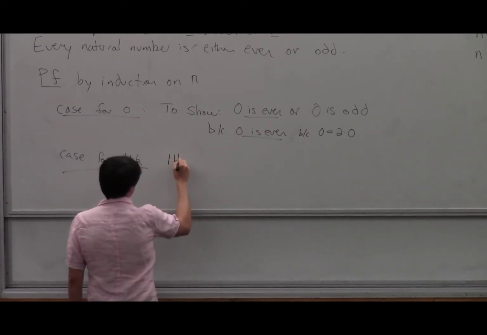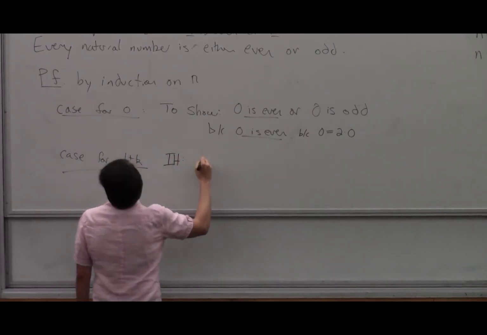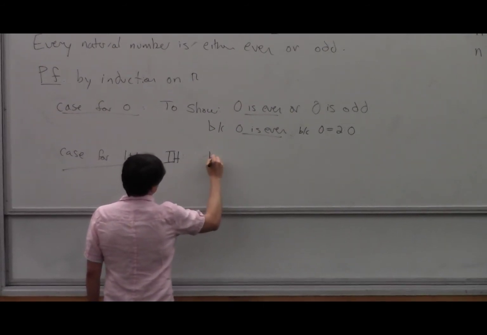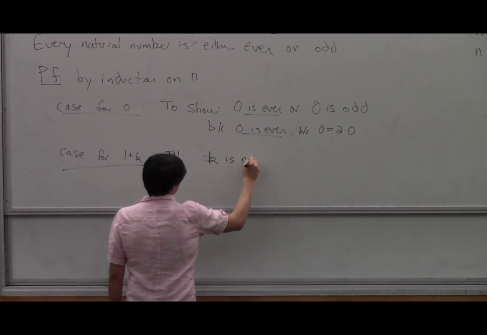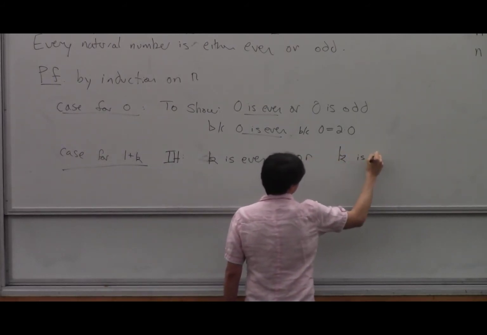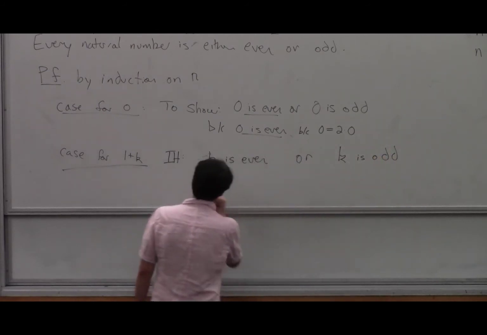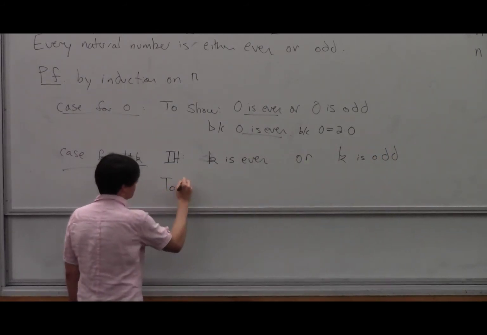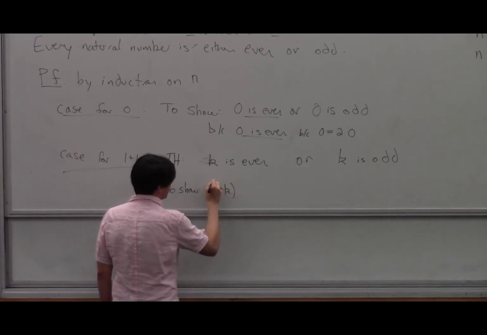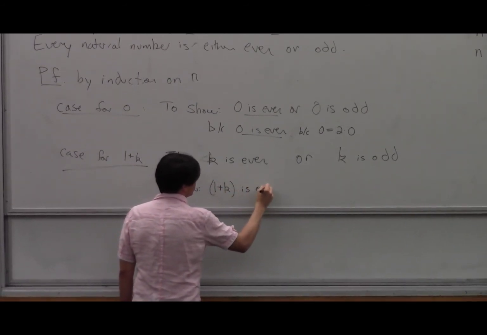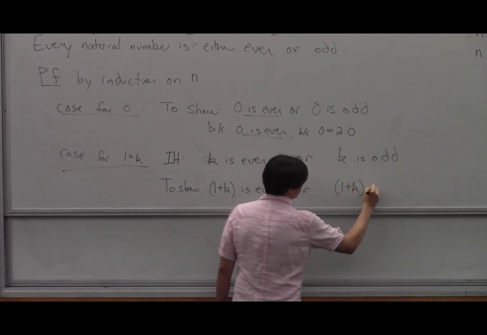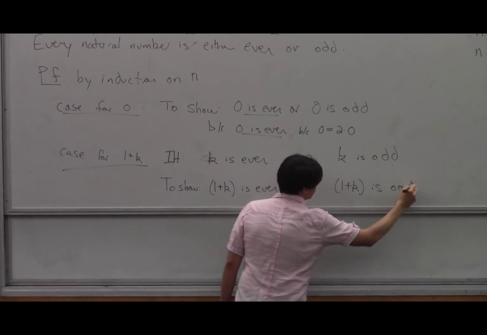What we know by the inductive hypothesis is that k is even or k is odd. And what we need to show is that 1 plus k is even or 1 plus k is odd.